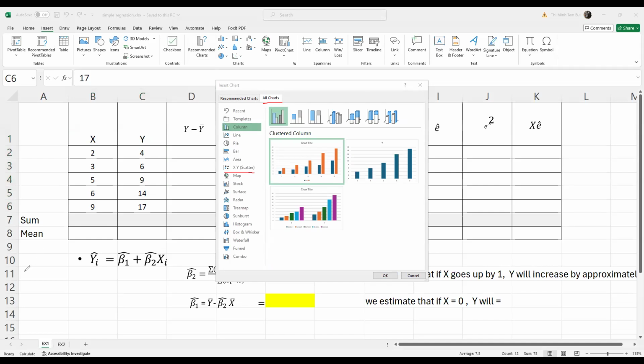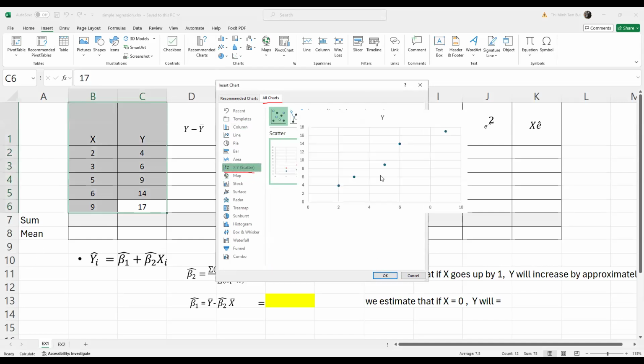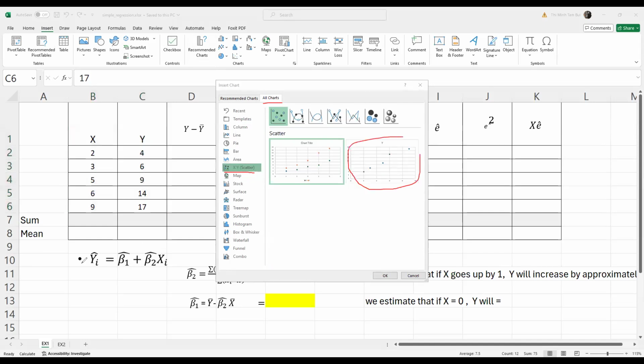And then I think you need to choose the second one. Then click OK. You get, oh, good. Yes, good.